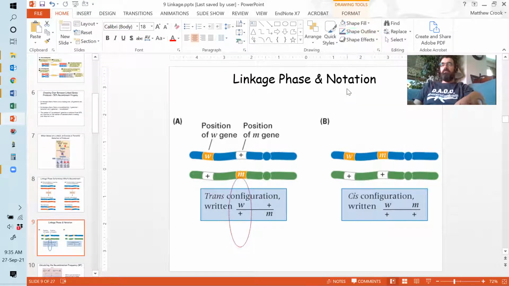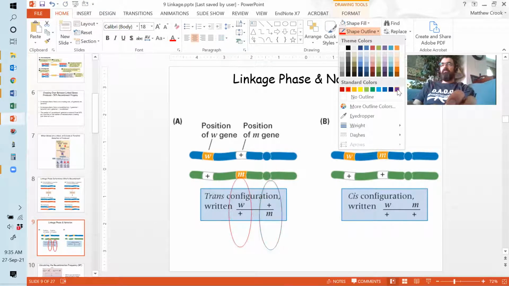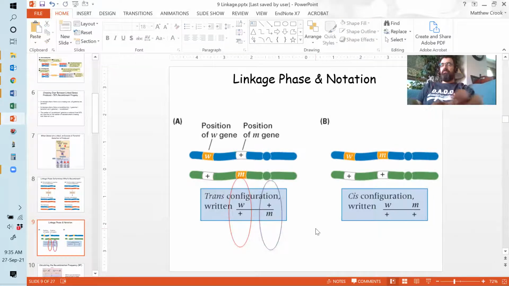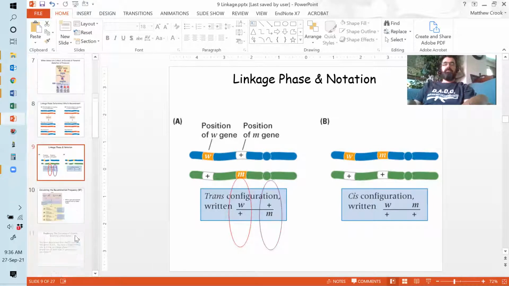This here is a different gene. So you can see they're heterozygous. Both genes are heterozygous, but which chromosome has which allele is important.